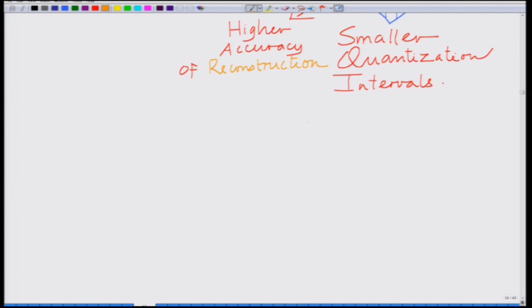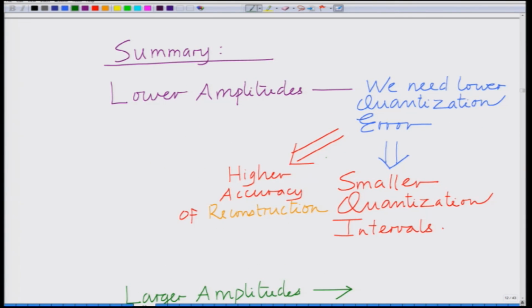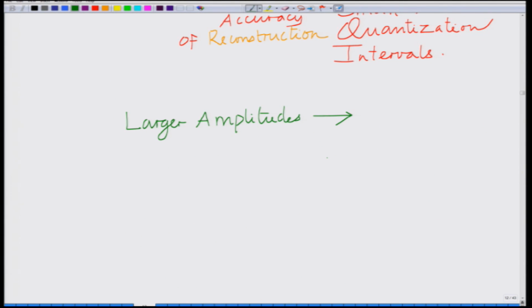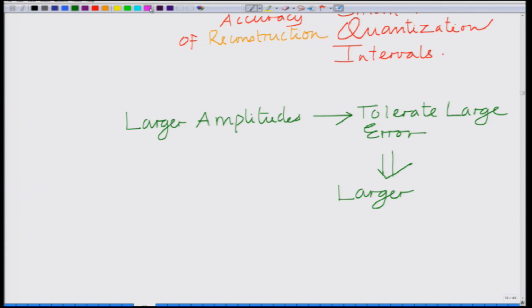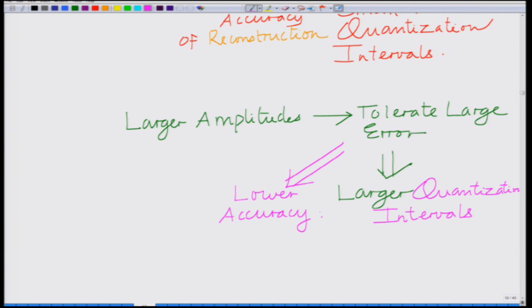On the other hand, at larger amplitudes, we can tolerate quantization error, which implies we need to have larger quantization intervals, alright, which means lower accuracy of reconstruction. Which means we can have lower accuracy.